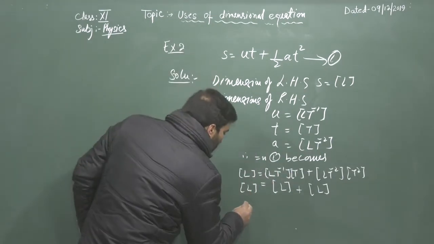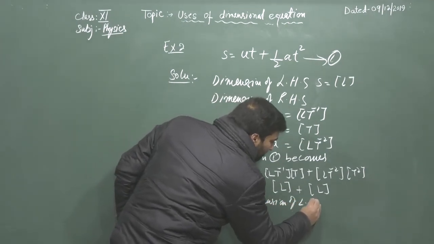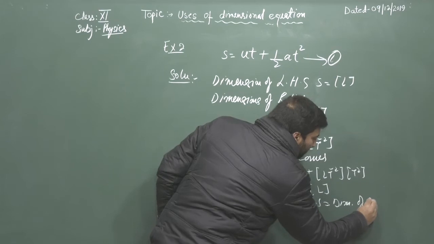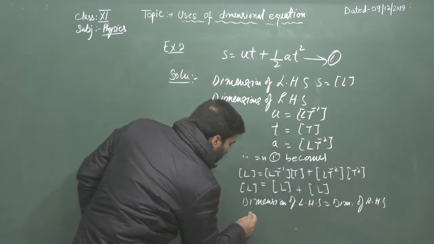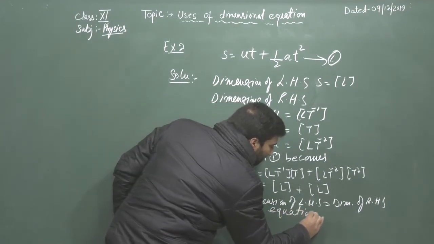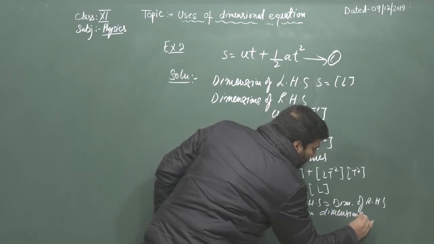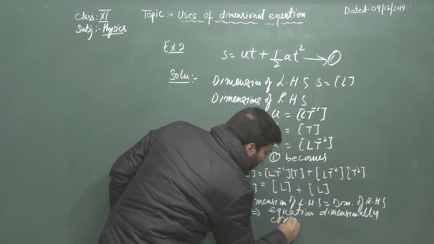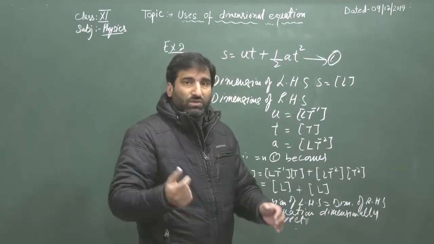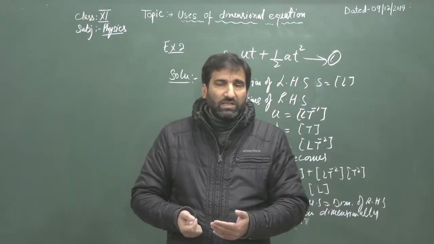Dimensions of LHS is equal to dimensions of RHS, so it implies the equation is dimensionally correct. So this was the first use, the way by which we can check the accuracy of the physical relation.